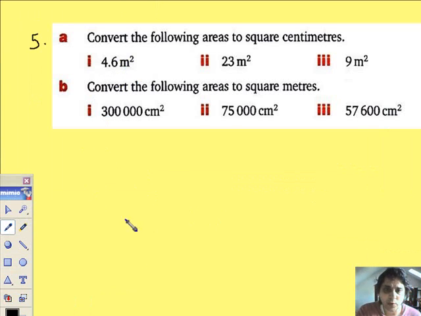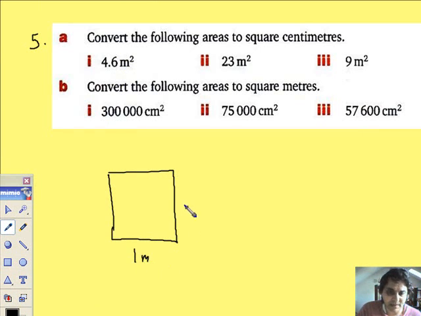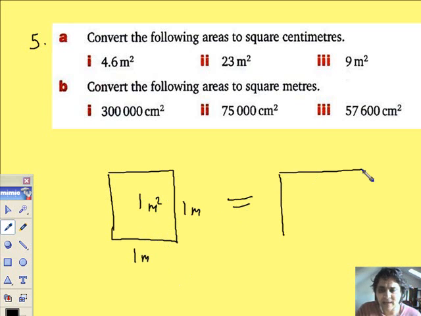Now let's just talk about square metres and square centimetres. Here is a square metre. It's 1 metre times 1 metre, and that gives me 1 metre squared, because 1 times 1 is 1. Now that's exactly the same as putting it into centimetres.